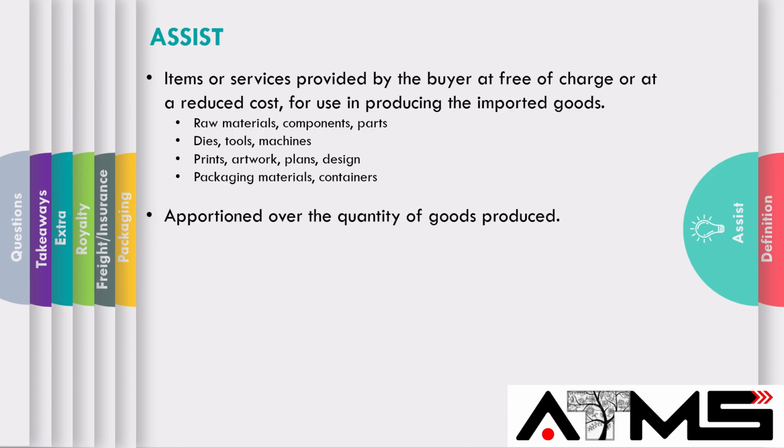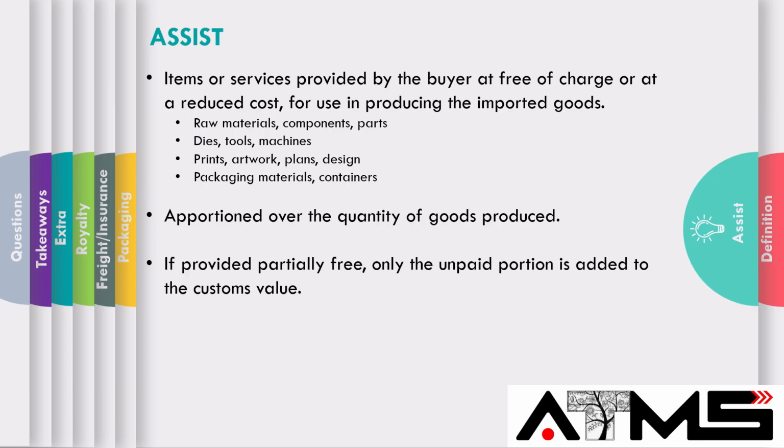Please make a note that an assist must be apportioned over the quantity of goods produced. If an assist such as a mold worth $100 is used to produce 1,000 units and only 100 units out of 1,000 units were exported to the US, the assessed value to be added is only $10, which is 1/10 of $100 worth of mold.